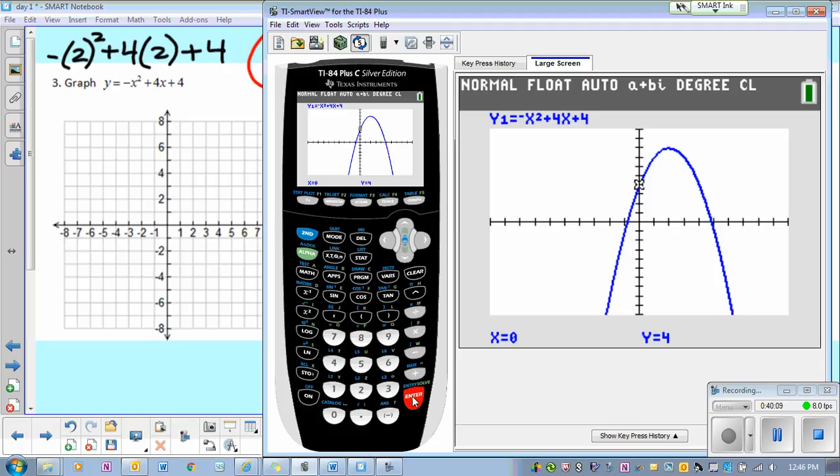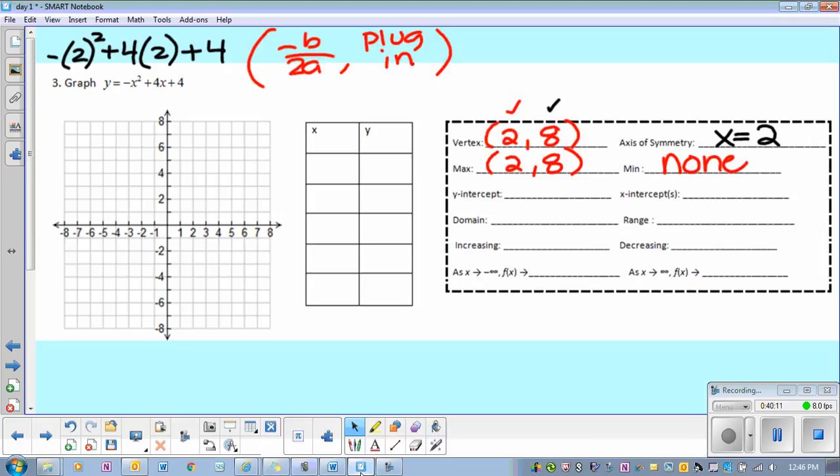That's where it crosses through the y. Here's something else. What did we say about the domain? Always negative infinity to infinity, because we have an arrow on the left that goes forever to the left and an arrow on the right that goes forever to the right.